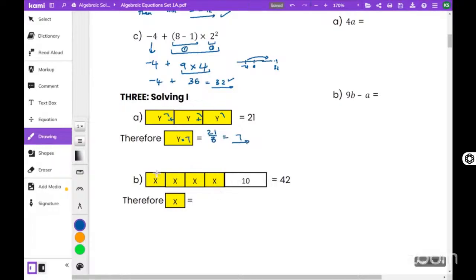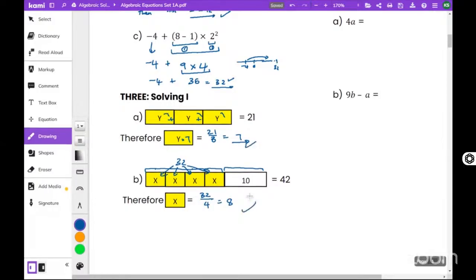And then the next one, I've got 4 numbers which are the same, added on to 10 gets me 42. So if this is 10, then this has to be 10 less than 42, which is 32. So if I divide 32 equally into 4 different parts, 32 divided by 4 is 8. And so x will equal 8.